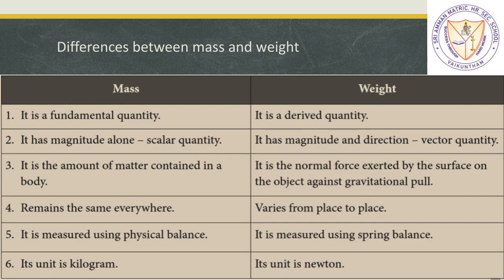Yes, of course. We even saw how to calculate the magnitude of the weight as m into g. We calculated for the case of a 10 kg mass as 98 newtons on the surface of earth, and 16.3 on the surface of moon. That means it has got magnitude.